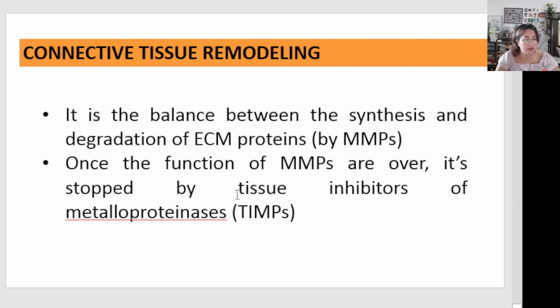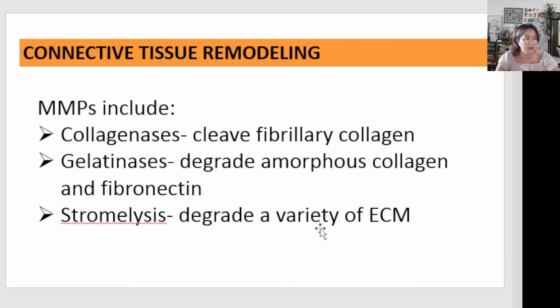Once the function of MMPs are over, it's stopped by tissue inhibitors of metalloproteinases or TIMPs. So, MMPs include collagenases which cleave fibrillary collagen, gelatinases which degrade amorphous collagen and fibronectin, and stromelysins which degrade a variety of ECM such as proteoglycans.